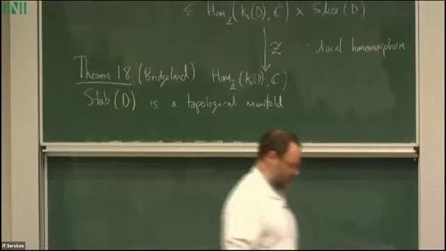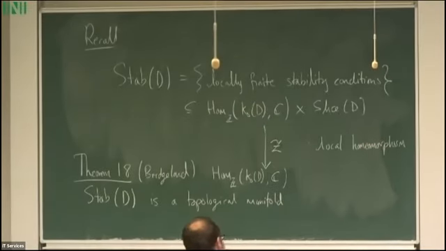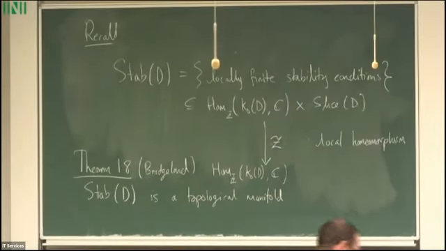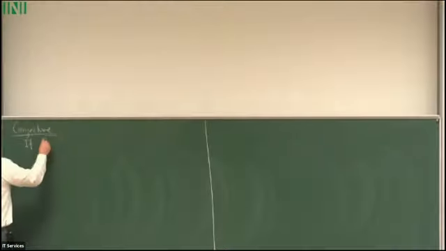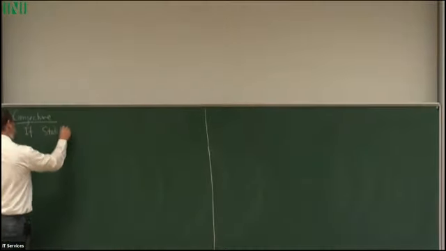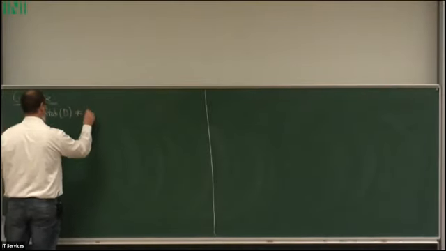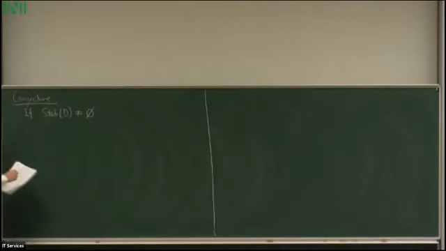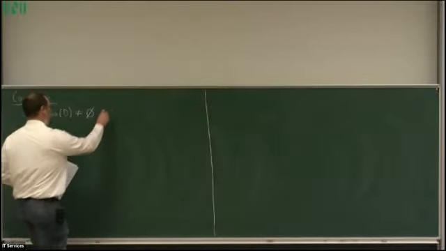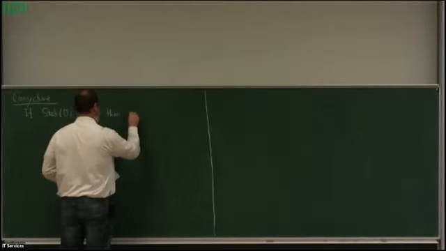This is the theorem of Bridgeland, and the general conjecture, which I wish to address in this talk, is why we believe, to the best of my knowledge, there are no counterexamples: if the stability manifold is non-empty, then it is contractible.